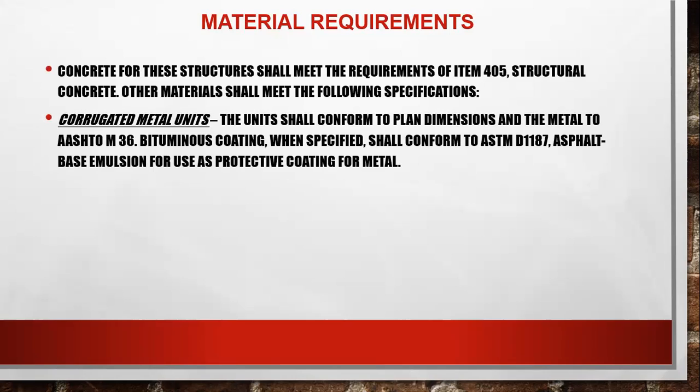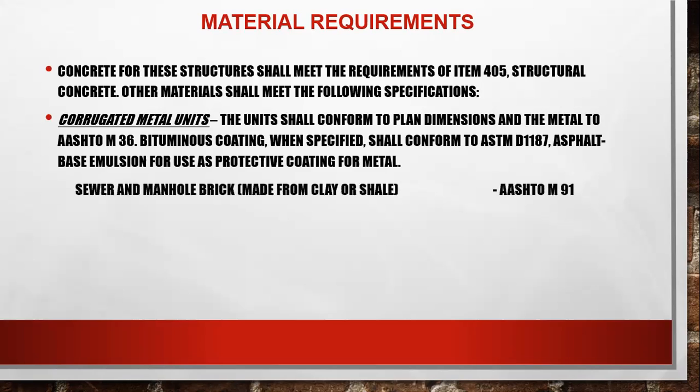The unit shall conform to the plan dimensions and the metal to AASHTO M36. Bituminous coating, where specified, shall conform to ASTM D1187, an asphalt-based emulsion for use as a protective coating for the metal. So this is the material needed.